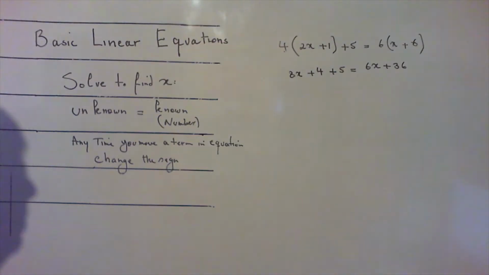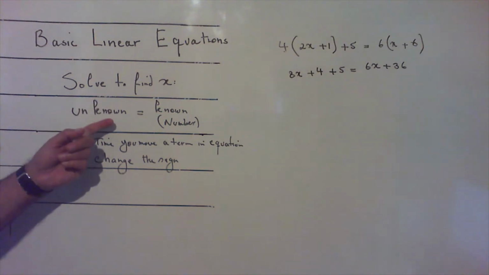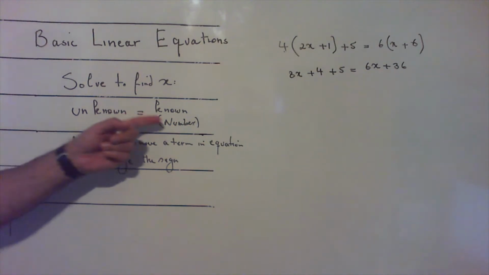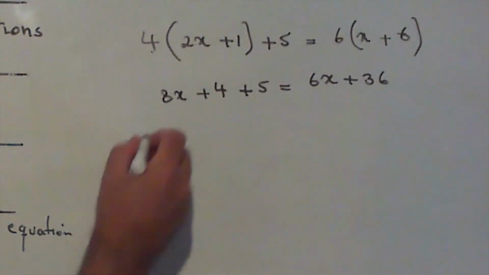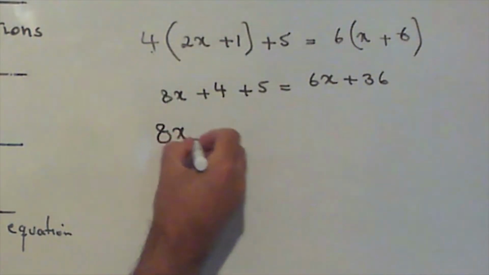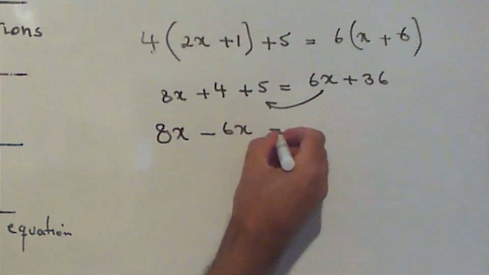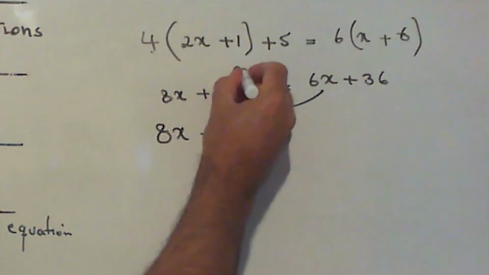Okay, so I expanded my brackets. Now I need to move things, all the unknowns to one side and all the knowns to the other side. So I've got to keep the 8x this side as it is. If I bring the 6x here, I have to change the sign. 4 plus 5 is 9.